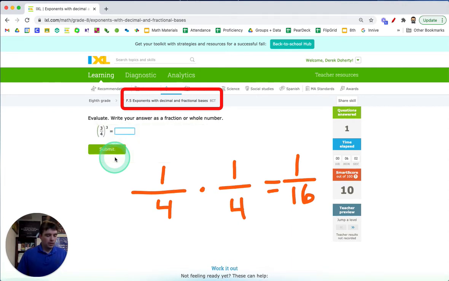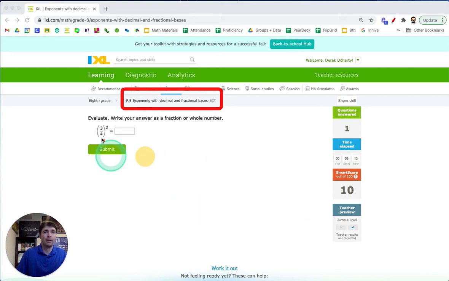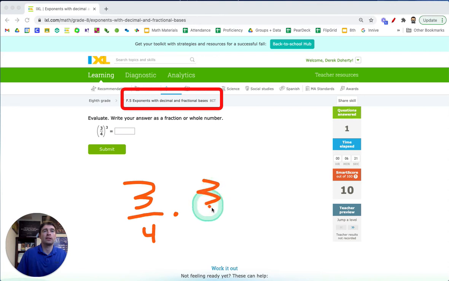And the next problem, they're being nice, the base is the same. They say 3 over 4 cubed. So I'm going to clean up the whiteboard a little bit quickly here. And we need to now do 3 over 4 cubed, which means 3 copies of 3 over 4 multiplied together. So I'm going to set that up by writing 3 over 4, 3 copies of it, and multiplying this out.